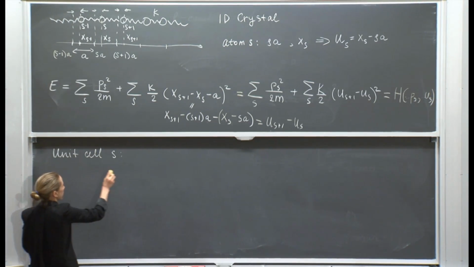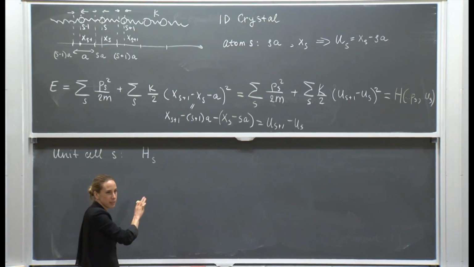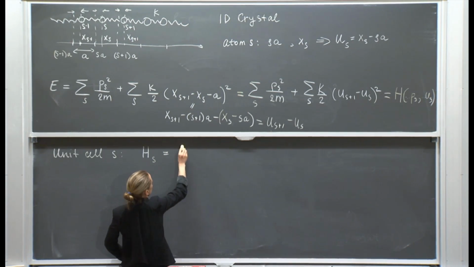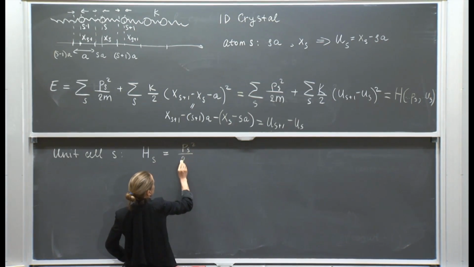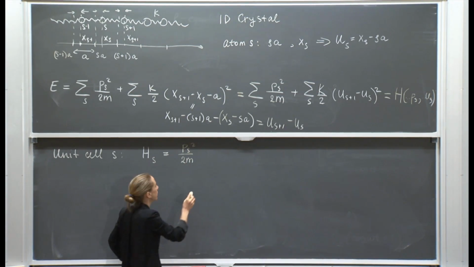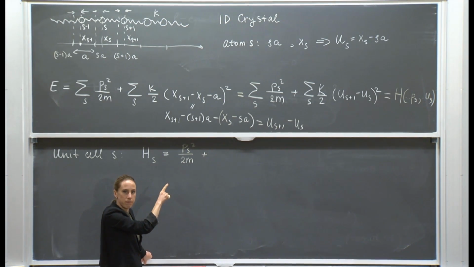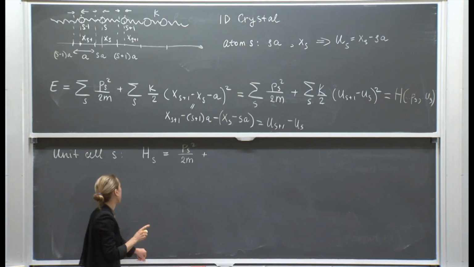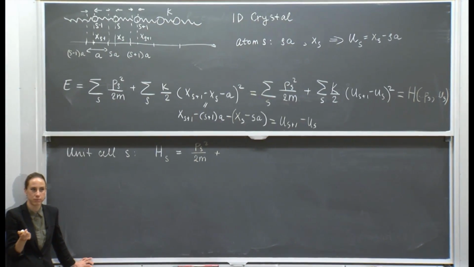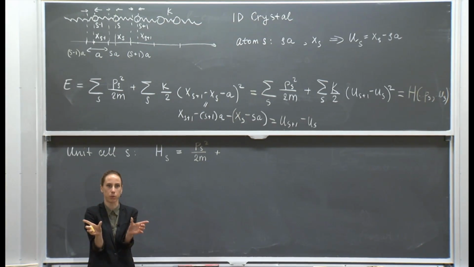So let's write a Hamiltonian HS that has everything that describes atom S. So the momentum that describes atom S, the kinetic component will be PS squared over 2m, that part of the sum of the kinetic energy, plus the parts of the sum that describe the potential energy. So if we think about the atom S, what are the springs that we worry about? Yeah, so the neighbors. So we need to consider both of those components.